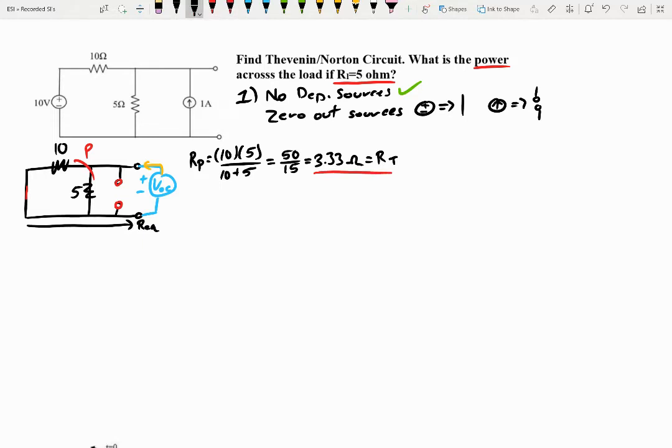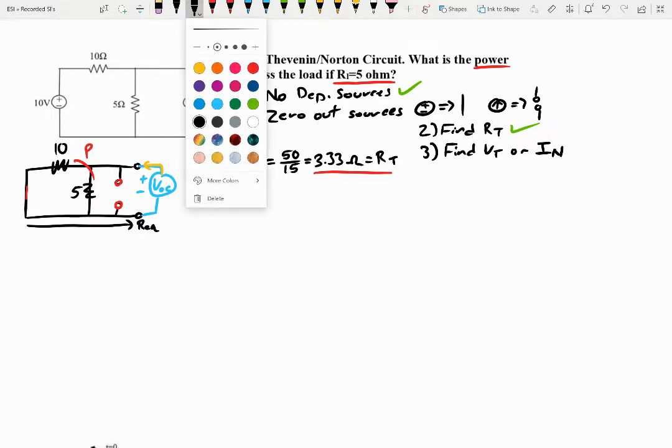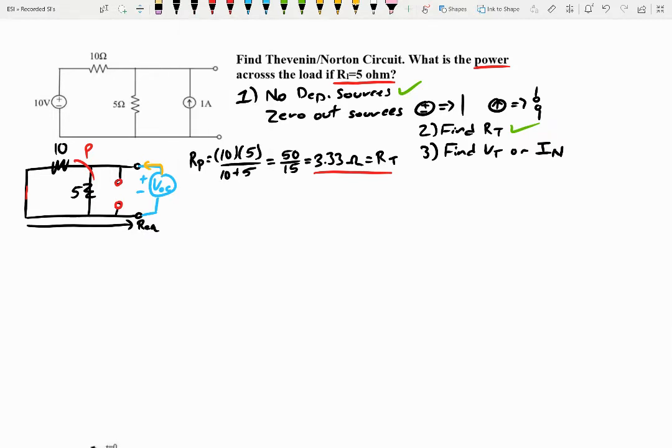Now we define V Thevenin. So step 2 was find R Thev, which is what we did. Okay. Step 3, find V Thev or I Norton. Okay. So to do that, for step 3, we need to jump back to the original circuit.